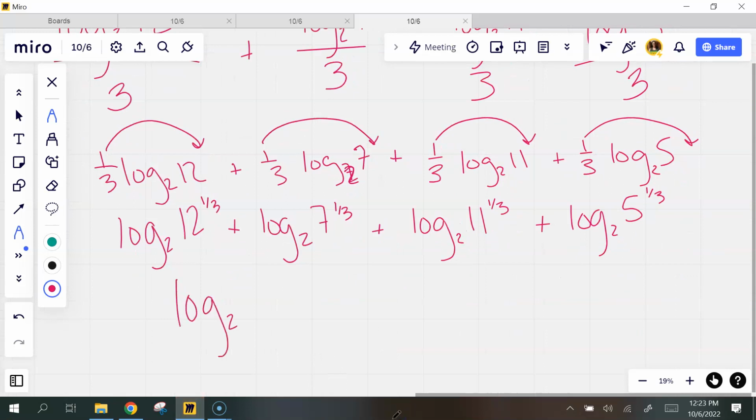Log base 2 of 12 to the 1/3 times 7 to the 1/3 times 11 to the 1/3 times 5 to the 1/3. Because they all have the same exponent, I can put all those bases together. So 12 times 7 times 11 times 5 to the 1/3.